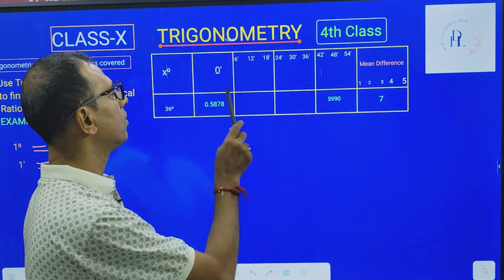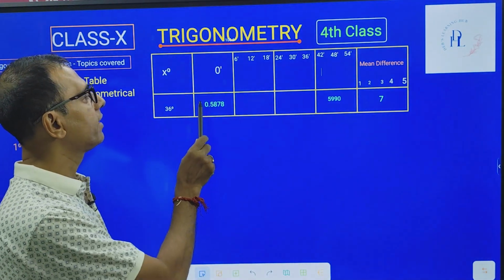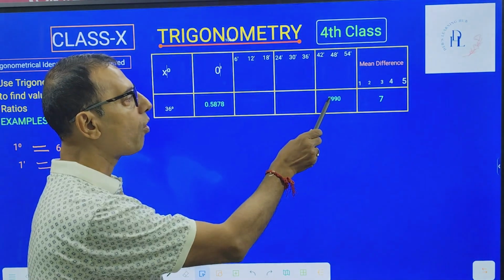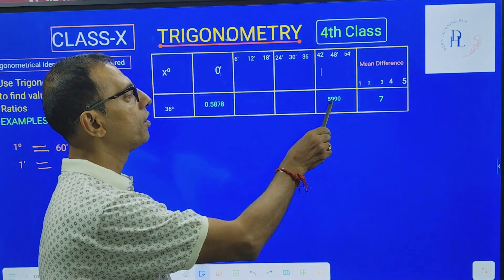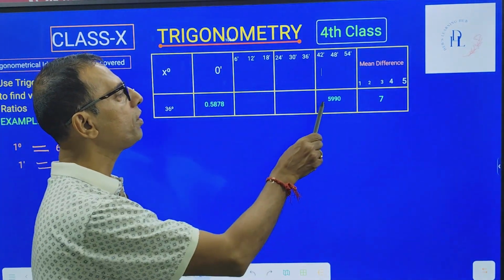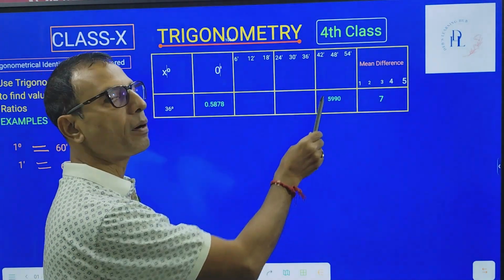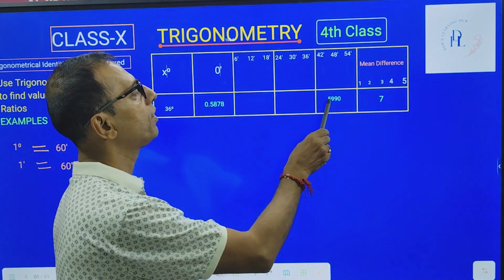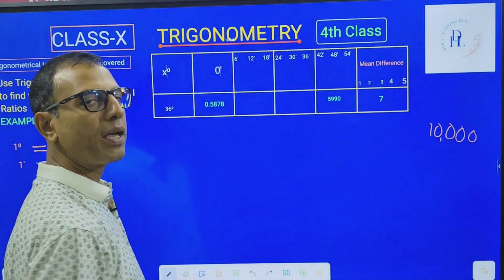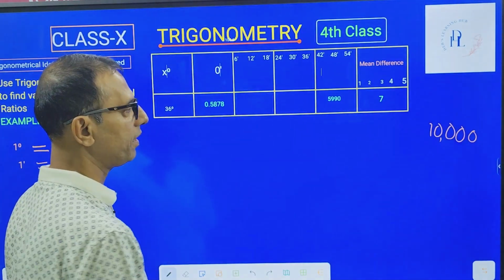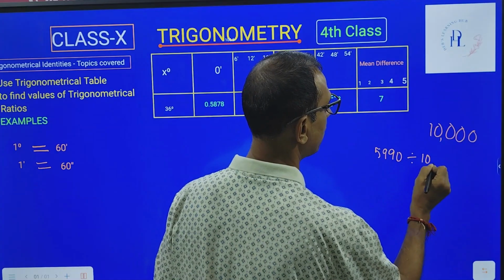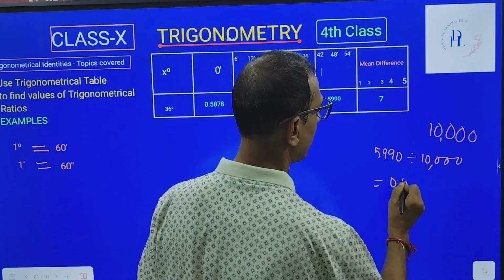Actually, the 0 minute column implies that all the numbers should be 4 decimal numbers. So any integer given there, you need to divide by 10,000, which is 4 zeros. So 5990, the value for 48 minutes, is actually 5990 divided by 10,000. The value will be 0.5990.